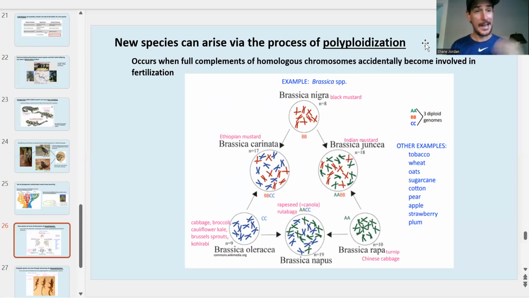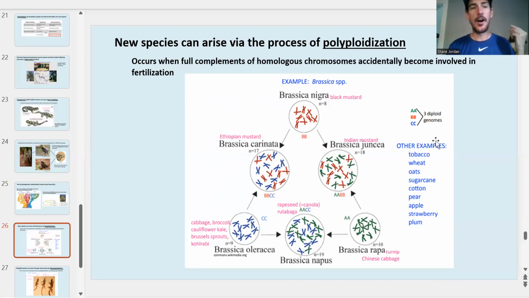So when we say haploid, we're talking about a cell that has one set of chromosomes. When we say diploid, we're talking about cells that carry two sets of chromosomes. When we say polyploid, now we're talking about cells that carry many extra sets of chromosomes.